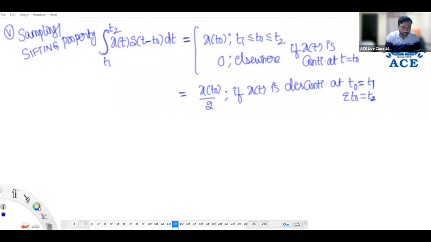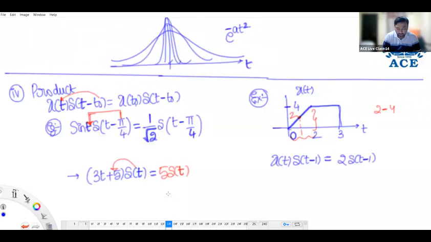Of course, we got this property from our last property only, sir. What is the last property? x of t into del of t minus t naught is this. Apply integral on both sides. When you apply the integral on both sides, on the right side x of t naught is some fixed value. Area under impulse function is 1.